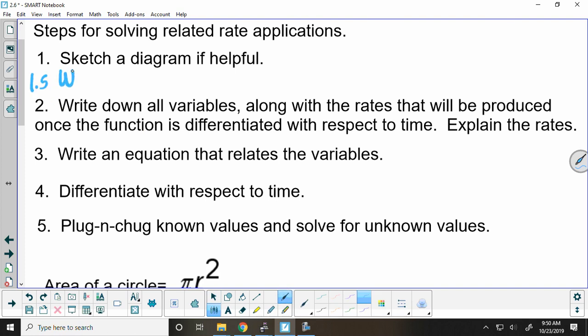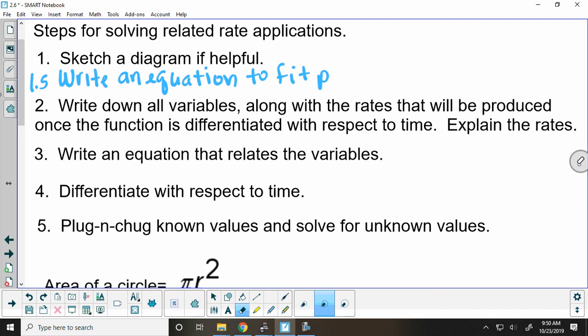You are going to write an equation to fit the situation, to fit the problem. Oh, okay. That is the same thing as number 3, and it's typed.